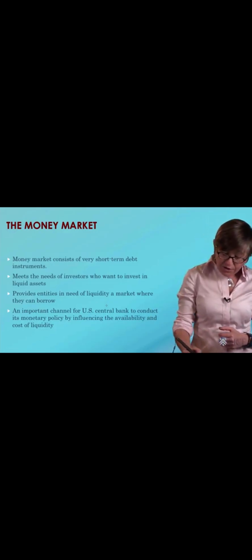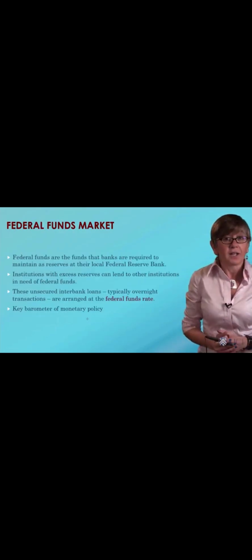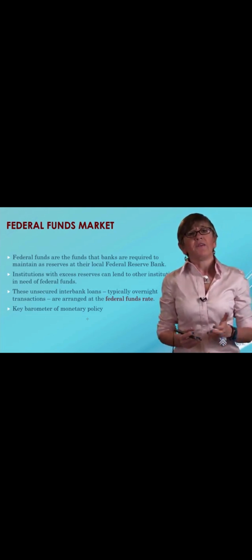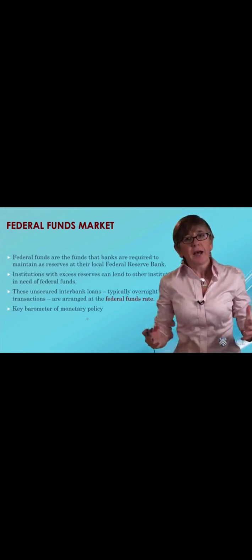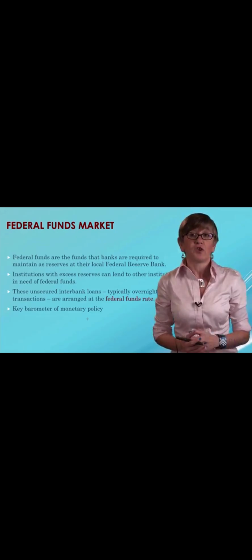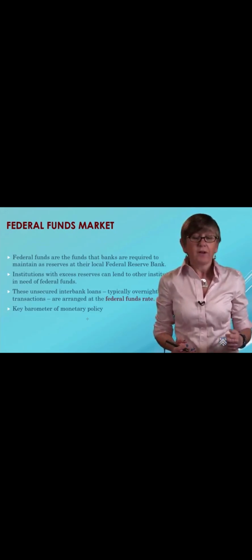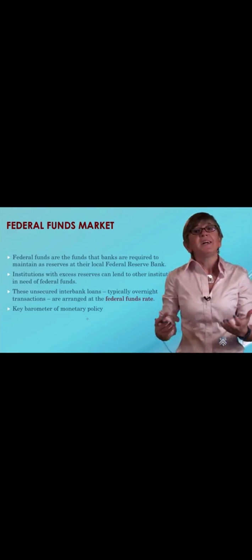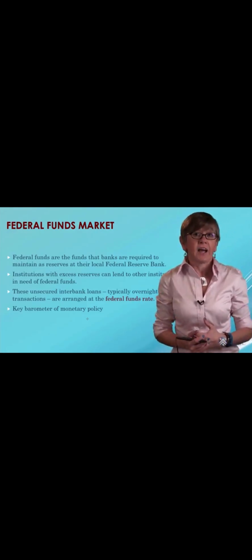Let's start with the federal funds market. In the US, all banks are required to maintain a minimum balance of reserves with their local Federal Reserve Bank. These are called federal funds. The amount of reserves that each bank needs to maintain depends on the amount of the deposits that it has.